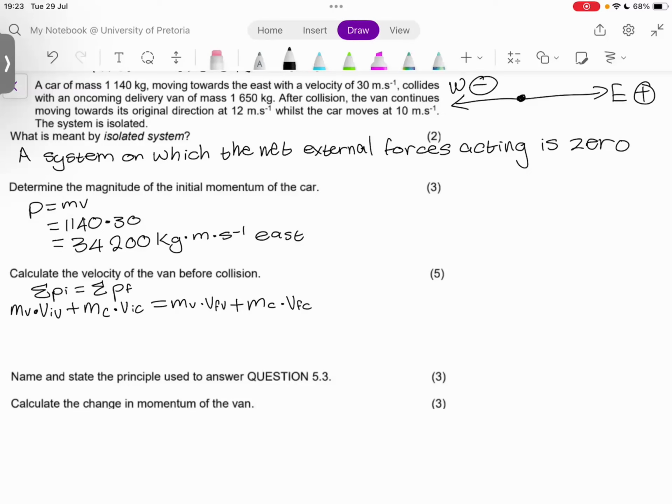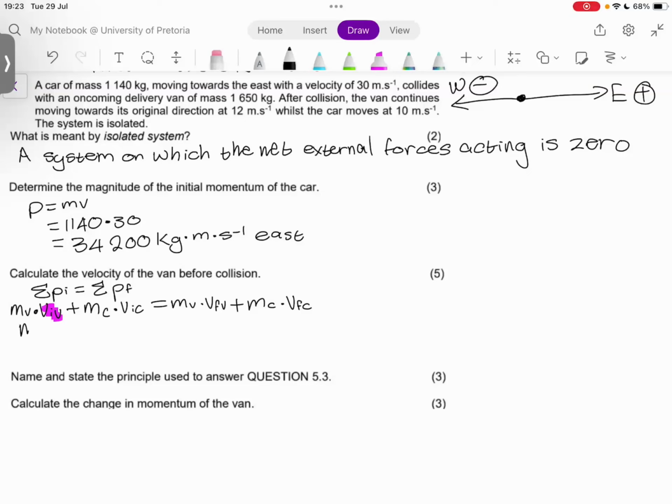So let's continue on. We want to find the velocity of the van before collision. We want to find this over here. So let's just isolate it and put it on one side.